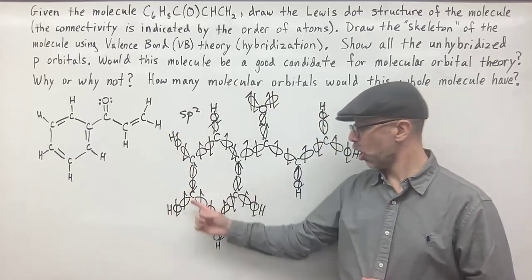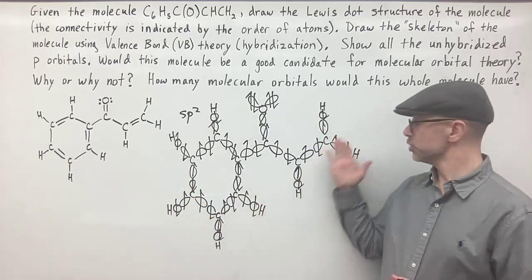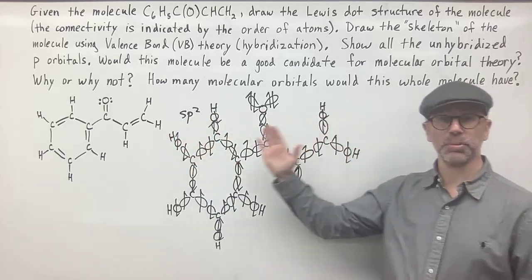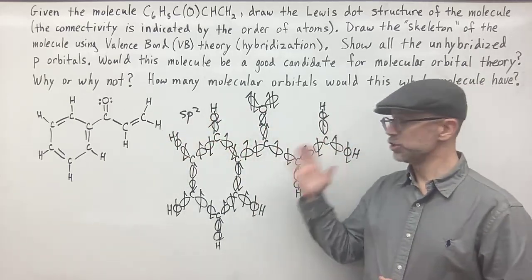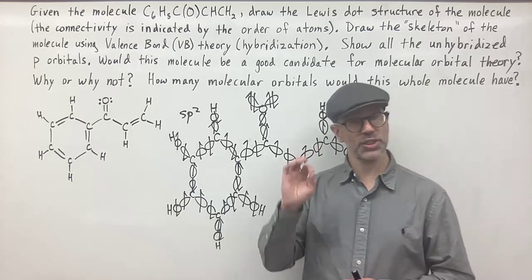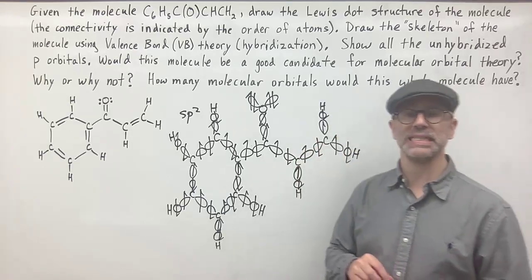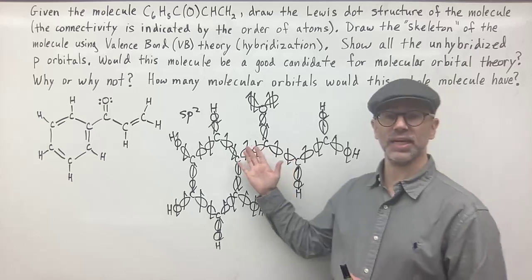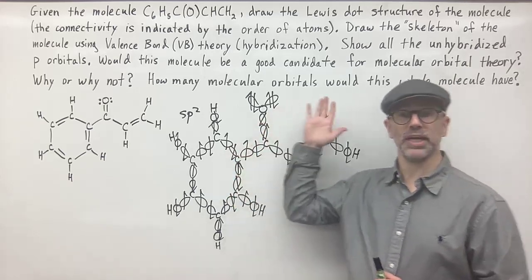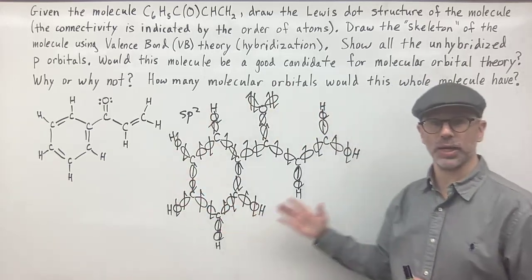That means that they're all trigonal planar. So all of these atoms lie in the same plane, which means that the unhybridized p orbital, in this case typically the pz orbital, is going to be perpendicular to the plane. So that means that it is perpendicular to the plane of this whiteboard here.